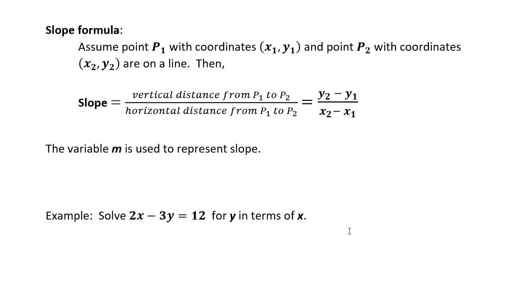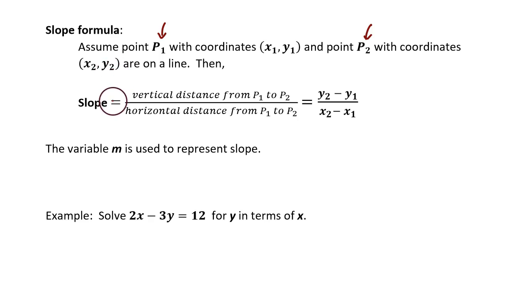Here is the slope formula that you learned in Algebra 1 class. Assume there are 2 points on a line. We could call them anything, but here it's called point 1 and point 2. Let's say that the coordinates of point 1 are x sub 1 and y sub 1, and the coordinates of point 2 are x sub 2 and y sub 2.